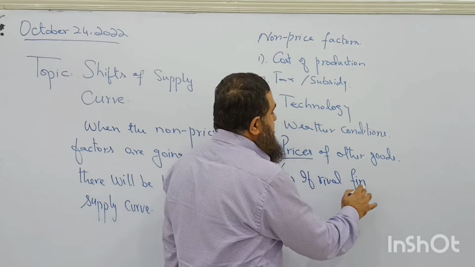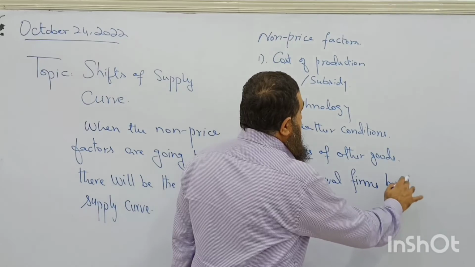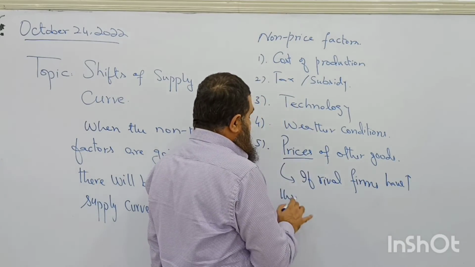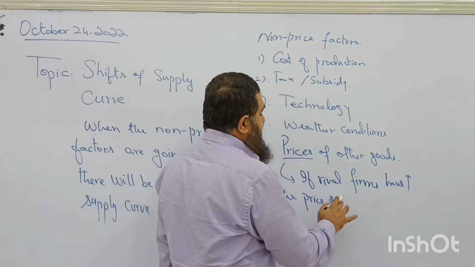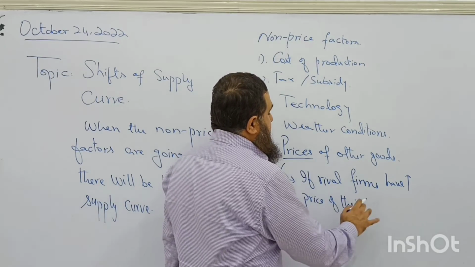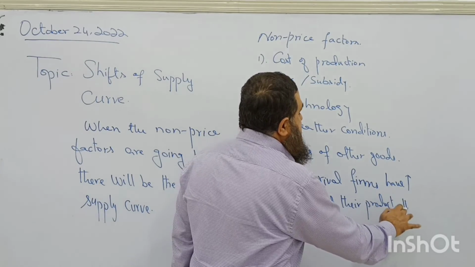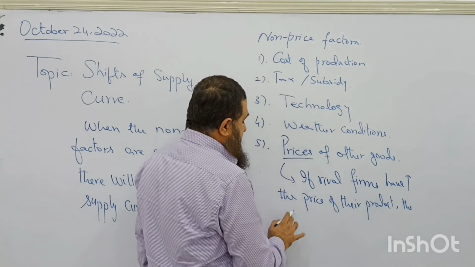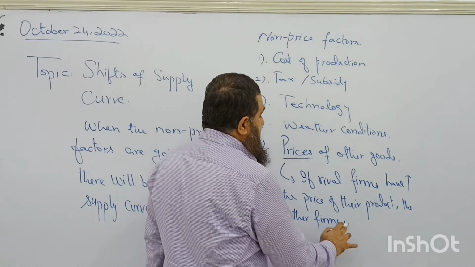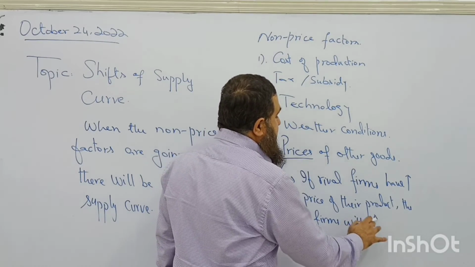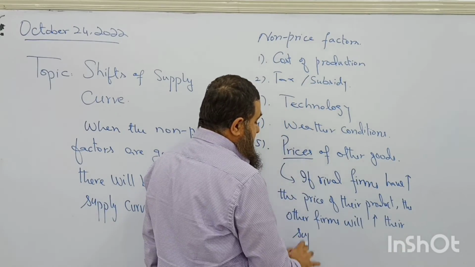So if rival firms have increased the price of their product, the other firms will increase their supplies in the market.